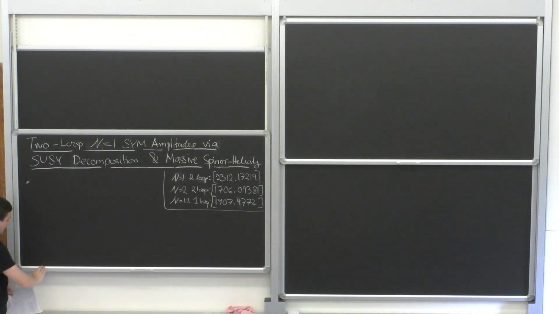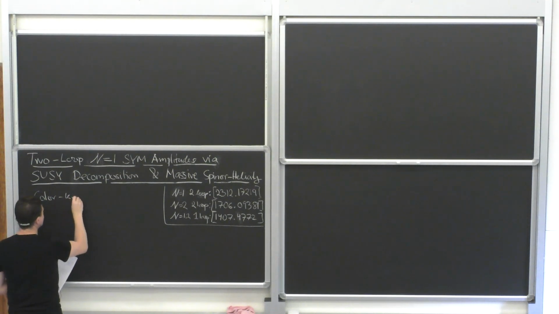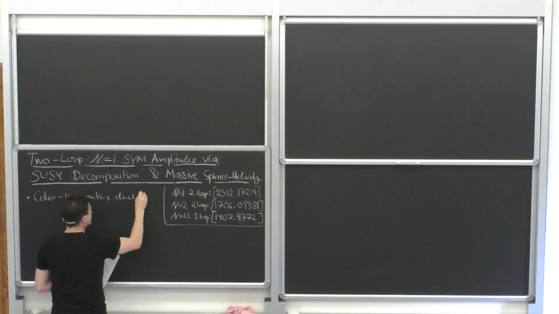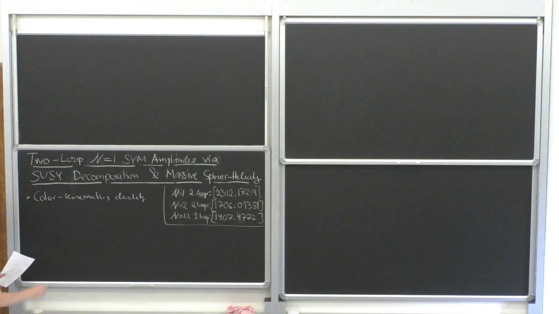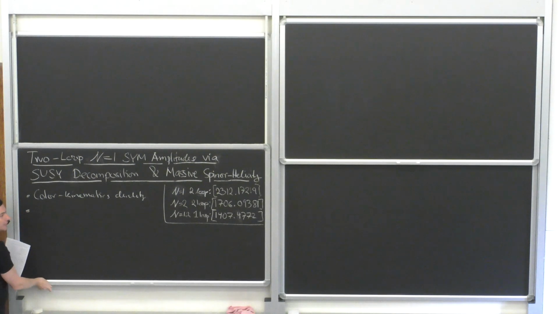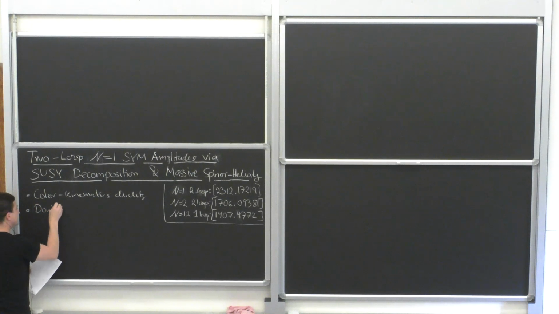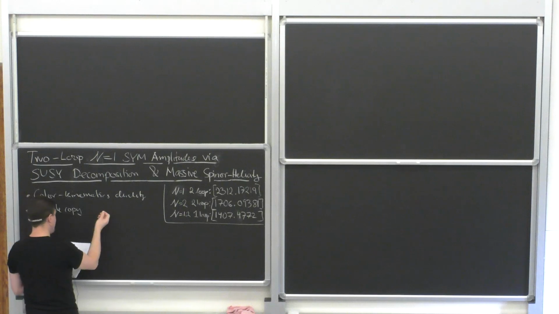One major part of this story is color kinematics duality. I'm not going to review it. I'm going to just introduce it whenever I need it. Another part of this talk is going to be double copy for pure gravities, so pure supergravities.